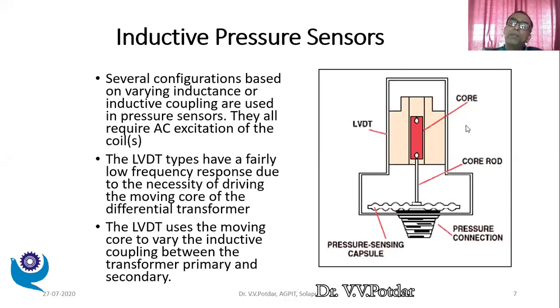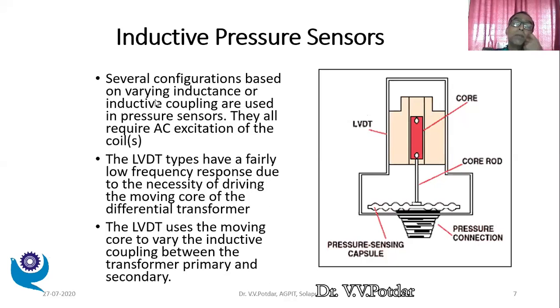So output voltage V0 is equal to some constant C1 into this X or Y, isn't it? So I know the relationship between P and Y. I know the relationship between Y and V0 output voltage. So I can establish relationship between V0 output voltage from the LVDT to applied pressure. Now this is how this inductive pressure transducer is used.